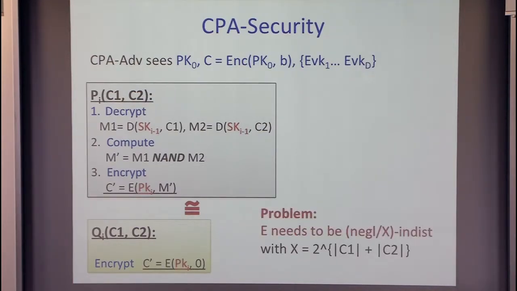How? The gap is negligible over the number of inputs. Therefore, for each evaluation key, I will need the size of the output ciphertext to be way bigger than the input ciphertext.